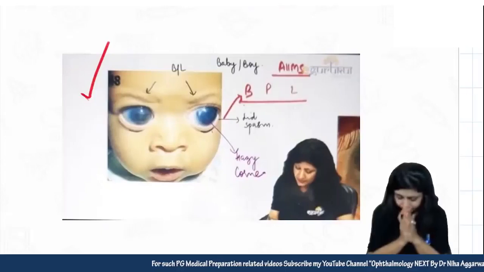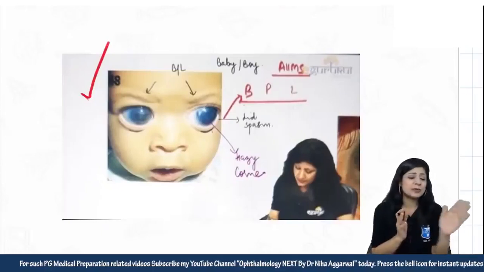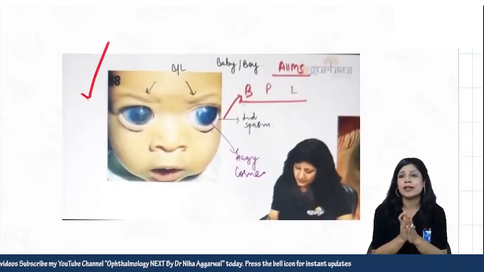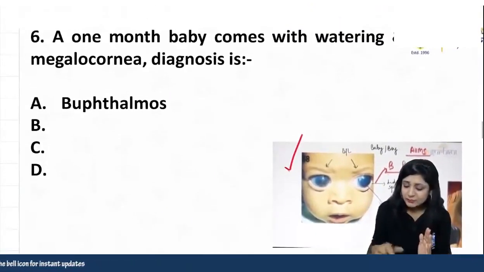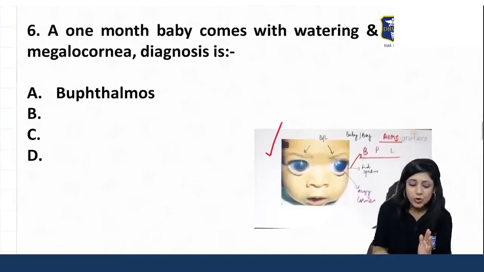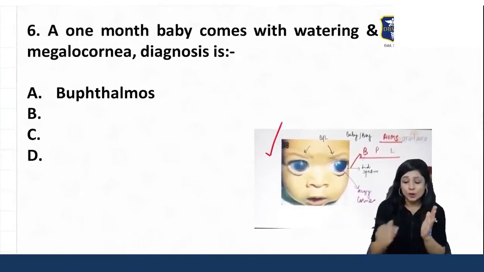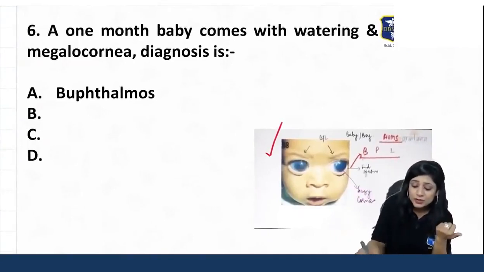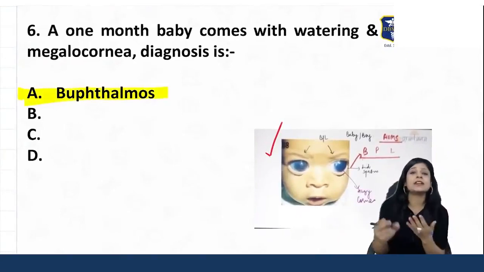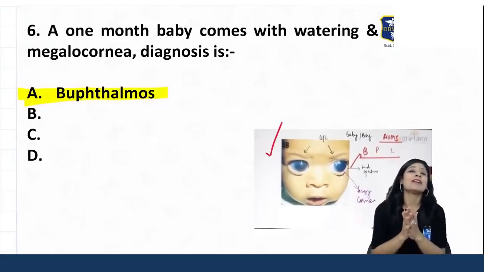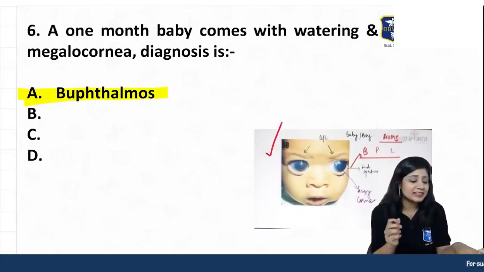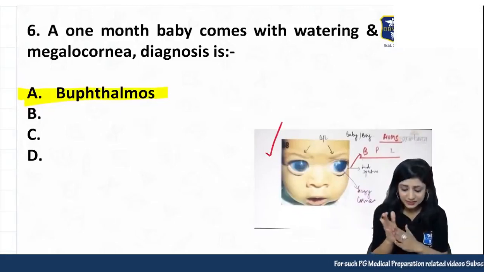And we had talked about it so many times. Blue baby boy, and I think these may be the options they had given. A 1 month baby with watering, or megalocornea. Nobody told me the options apart from buphthalmos, because they were so much into it. It was so clear that it was buphthalmos that we did not even read the other options. So guys, can you help me with the other options?